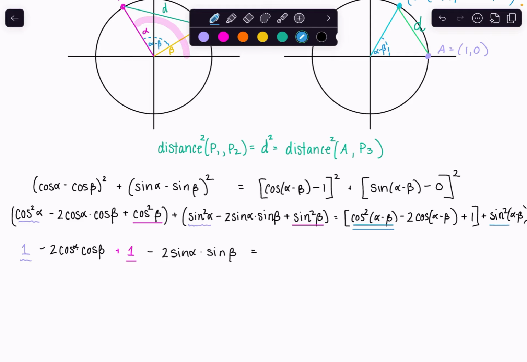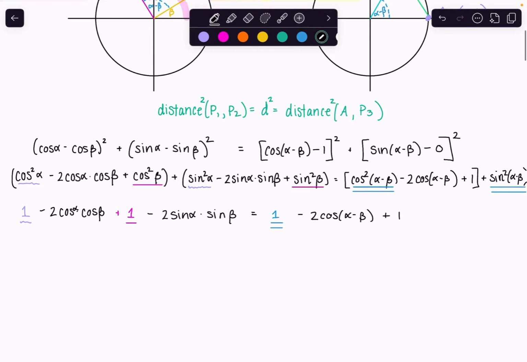And then I've got sine squared of exactly that same angle. So again, that is a Pythagorean identity that is equal to 1. Okay. And then we've got minus 2 cosine of alpha minus beta and plus 1.